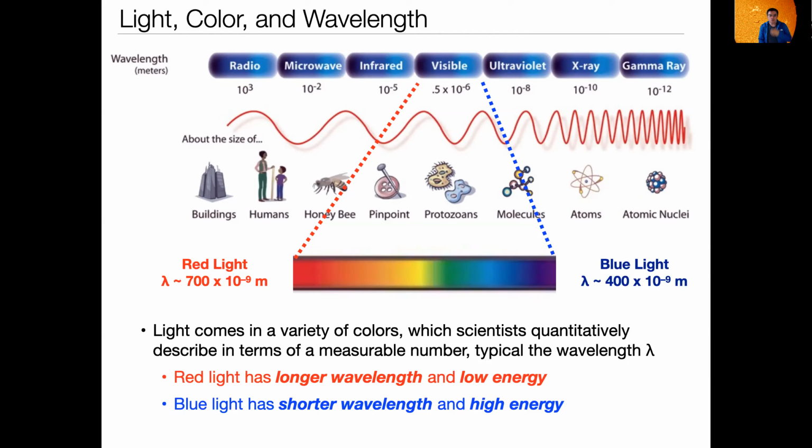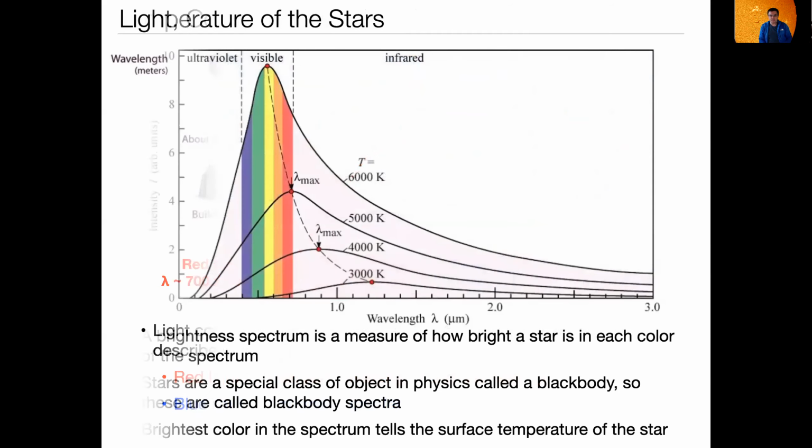Now, why do I care about this? Because when I look at stars, and those star images that I was showing you in the beginning of the lecture, they have a distinct color. And you might imagine that if I were to look there at the visible part of the electromagnetic spectrum, I could say, oh yeah, it kind of looks like that orange color about right there. Well, there's a reason for that.